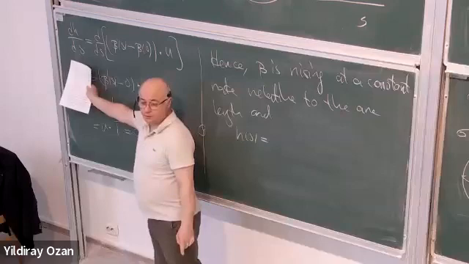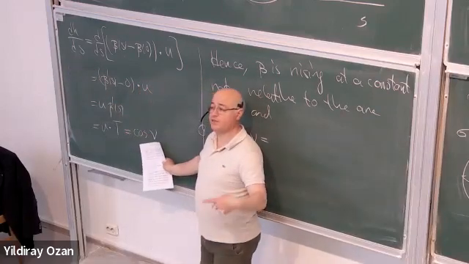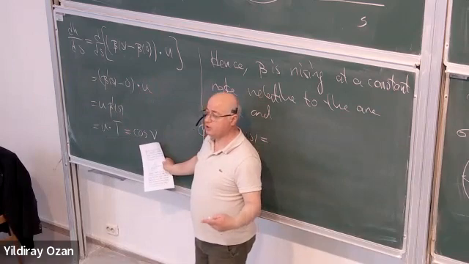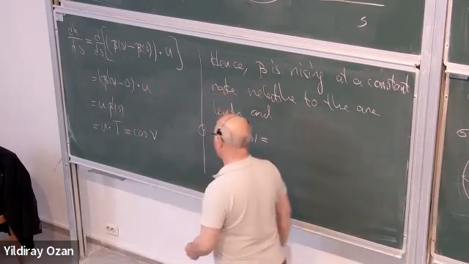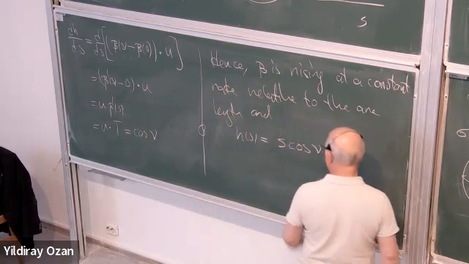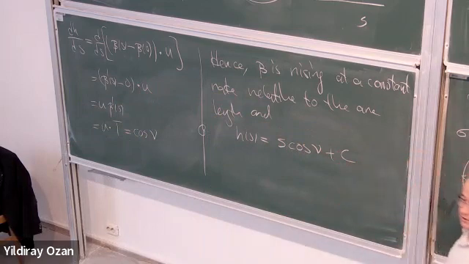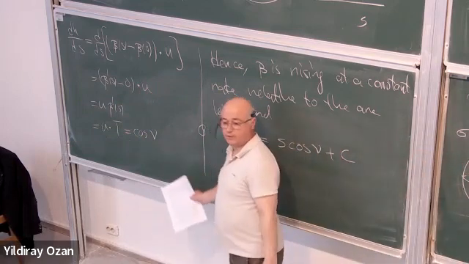So what should this function be? The integral of this constant function. So it is just s times this plus a constant. So this is s times cosine v plus a constant, right? Just the integral of this, the entire derivative of this.